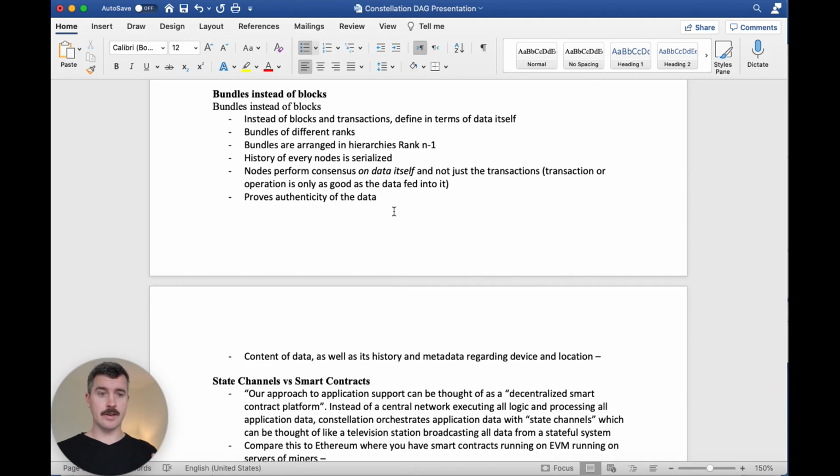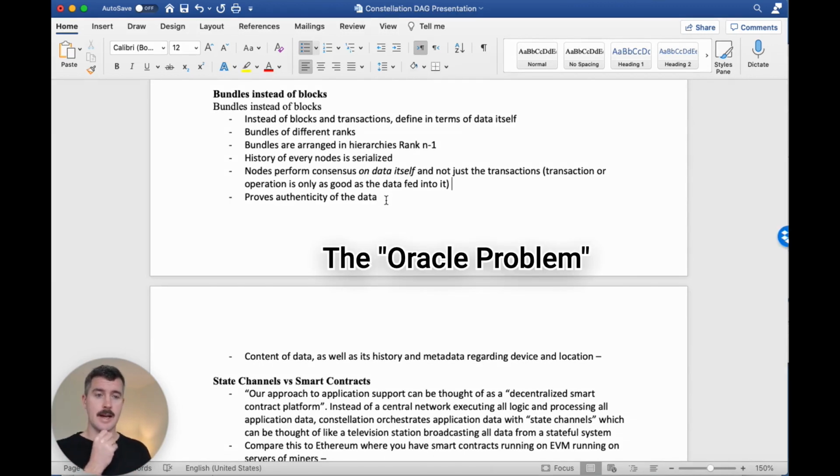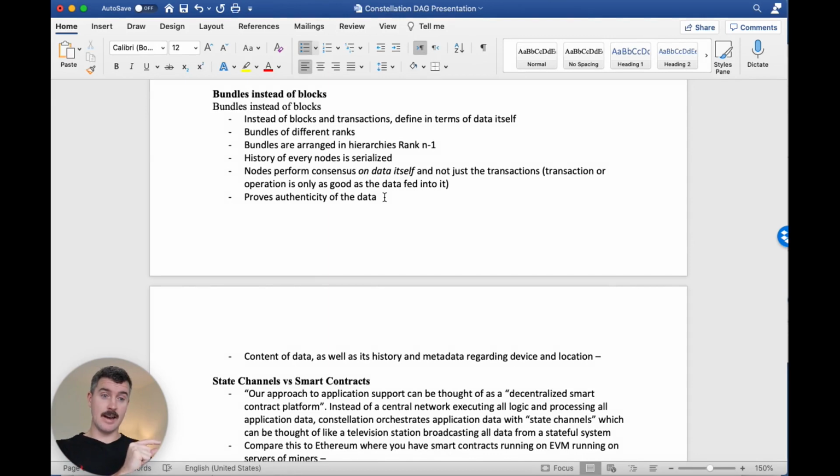And because the data also includes metadata about the devices that it passes through and where it came from, it proves the authenticity of the data. And that's related to how they solve the oracleization problem. They show where data comes from. They validate it at origin. And so because it's validated at origin, it's a solution to the oracle problem, which is how do you validate data and get it into a smart contract or onto a blockchain.